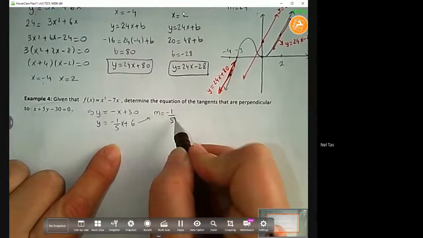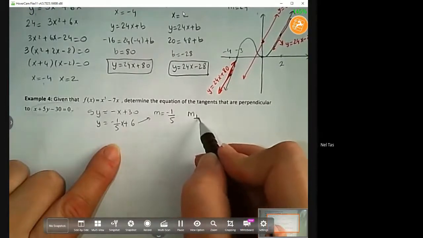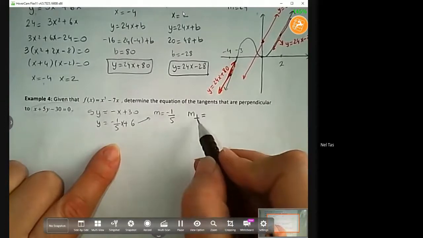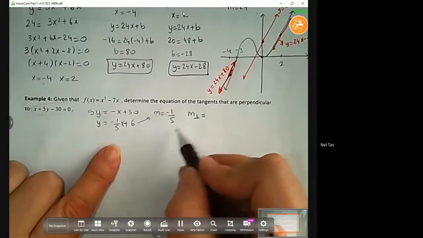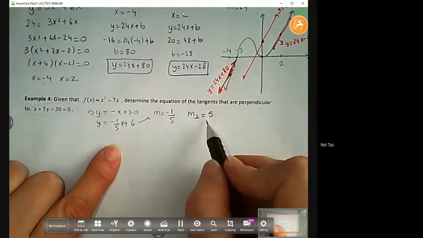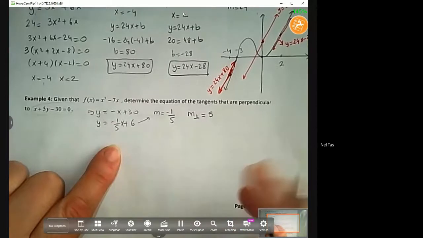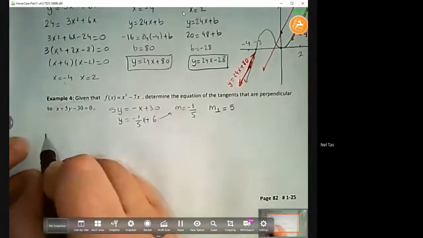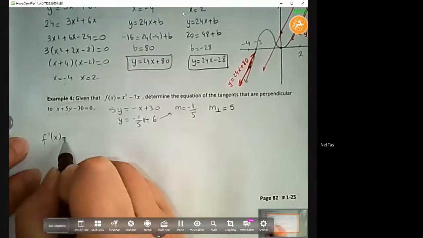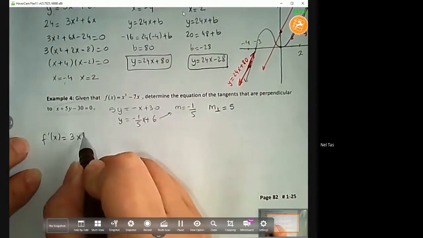But we need perpendicular tangents. So perpendicular is going to be the negative reciprocal of negative 1 over 5, which is 5. So we want to find the tangents that have a slope of 5. Okay, so let's get the derivative function. So 3, move it to the front, decrease the exponent by 1, 3x squared.